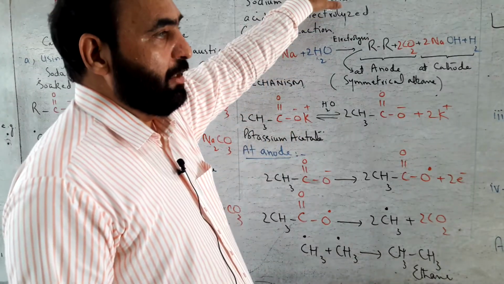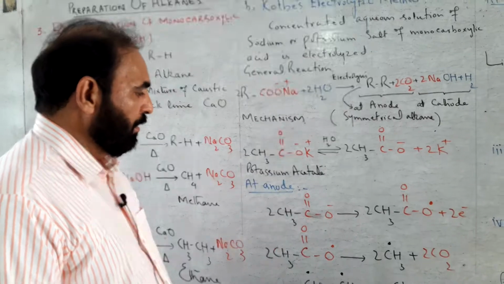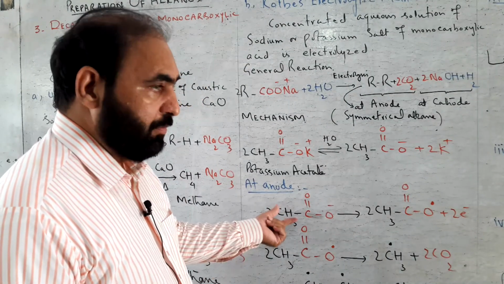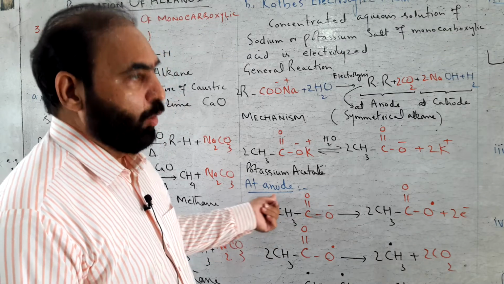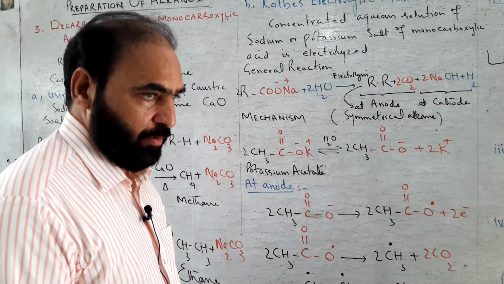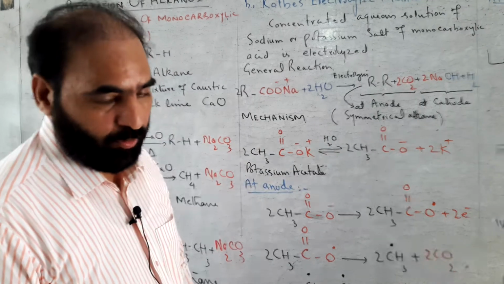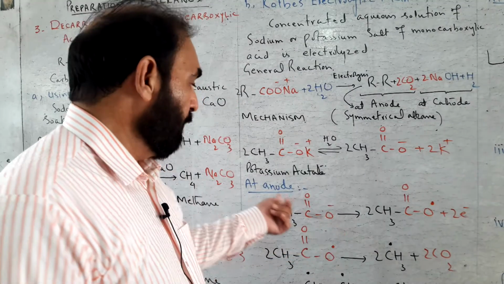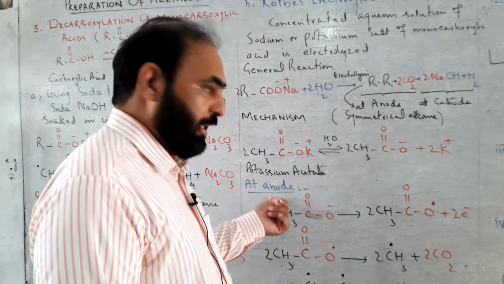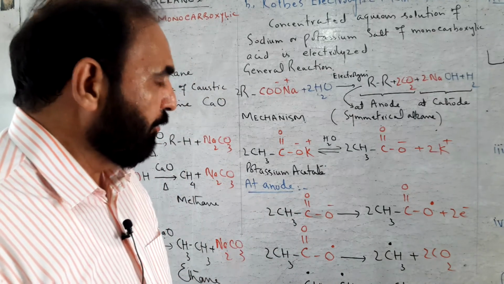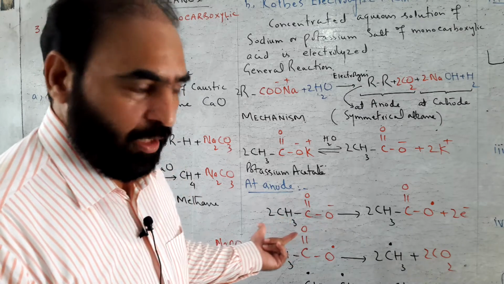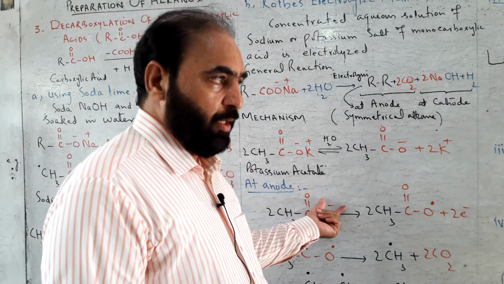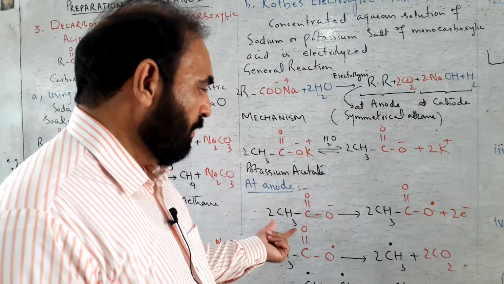On passing electric current, acetate ions move towards the anode of the electrolytic cell, the positive electrode. Negative ions migrate towards the positive electrode, which is the anode, where oxidation occurs. An electron is removed from the negative ion.